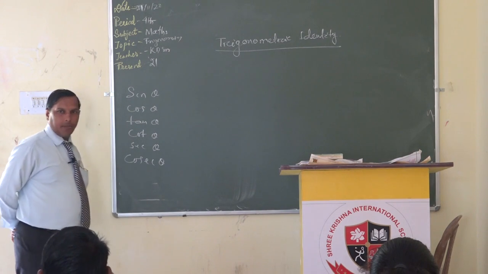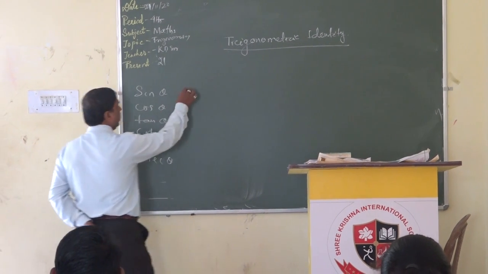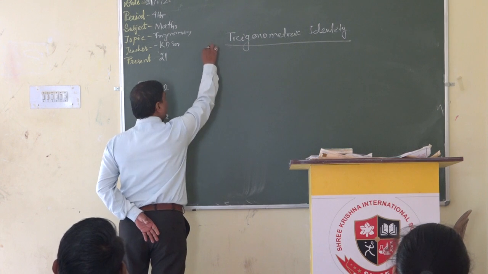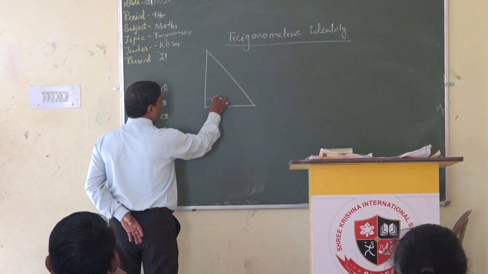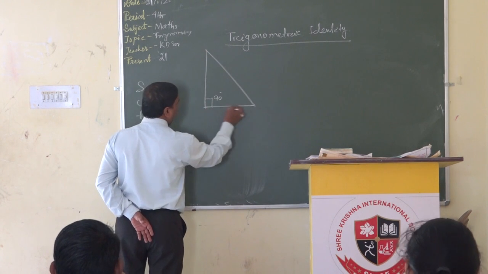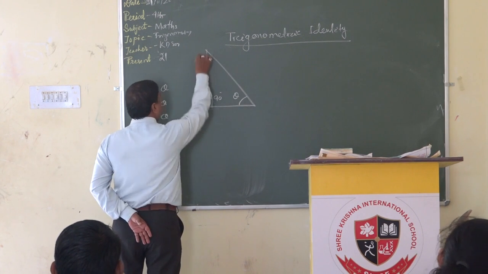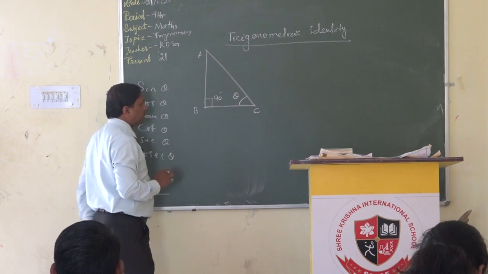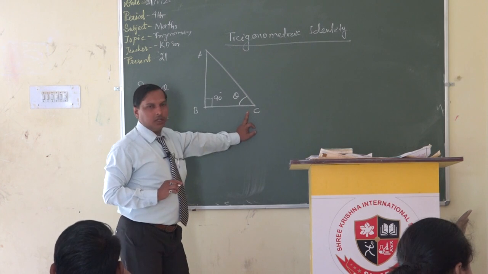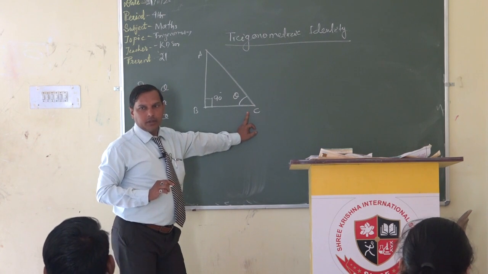Got it clear? So in this content we are involving a right angle triangle. In this right angle triangle, one angle is 90 degrees and this is theta. Let ABC be a right angle triangle. So in this case, AC is the what? Hypotenuse.